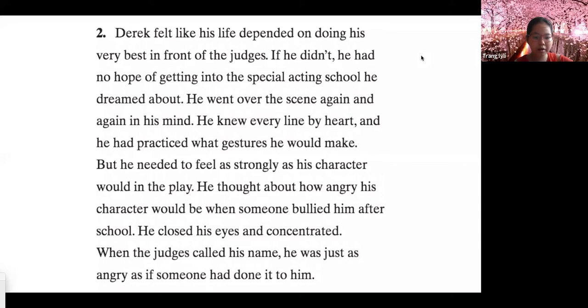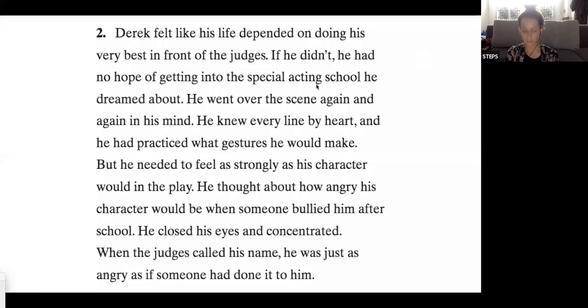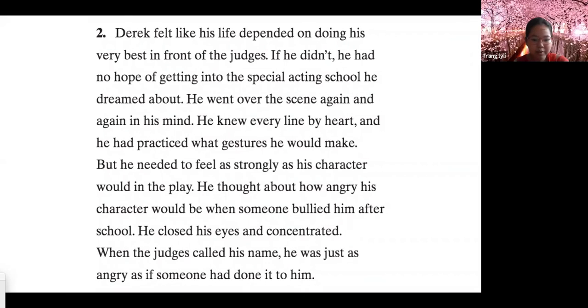He thought about how angry his character would be when someone bullied him after school. He closed his eyes and concentrated. When the judges called his name, he was just as angry as if someone had done it to him.